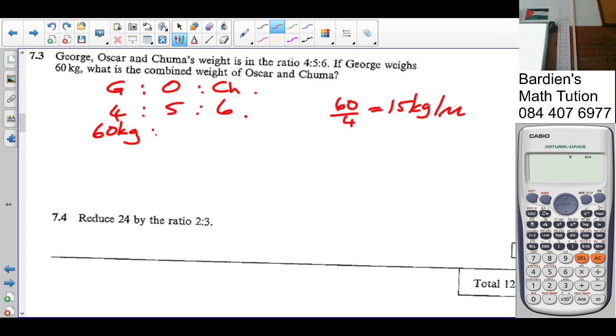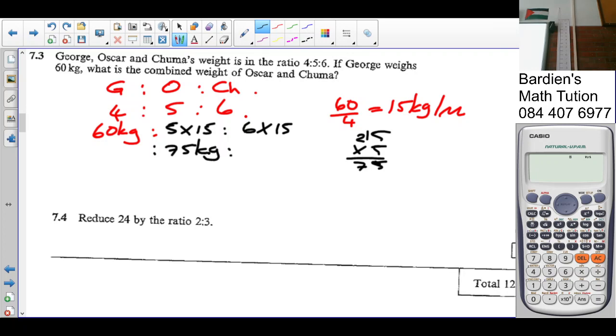So Oscar is 5 times 15 and Truma is 6 times 15. So Oscar is 5 times 15 is 75. And 6 times 15 is 90.